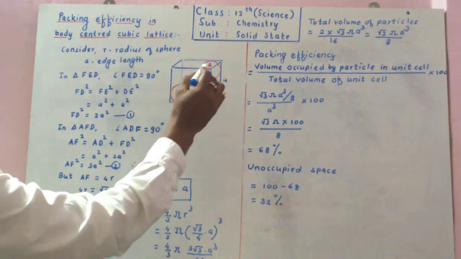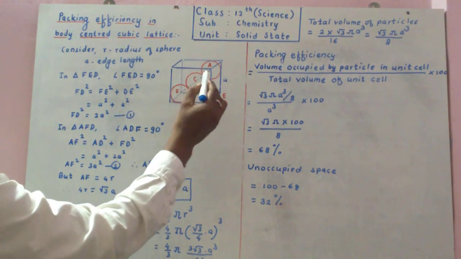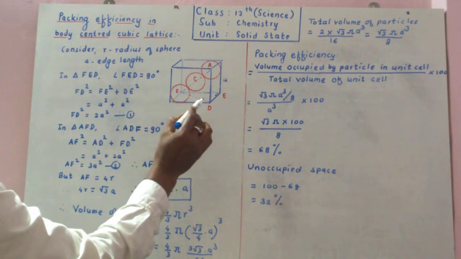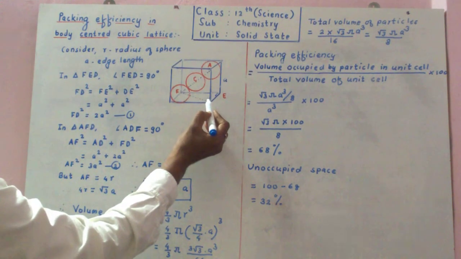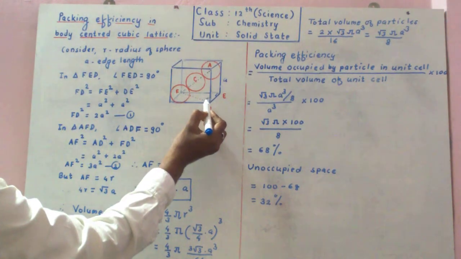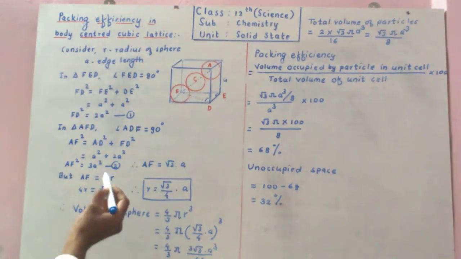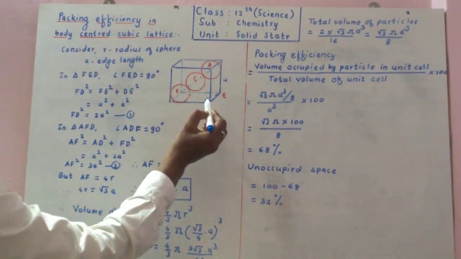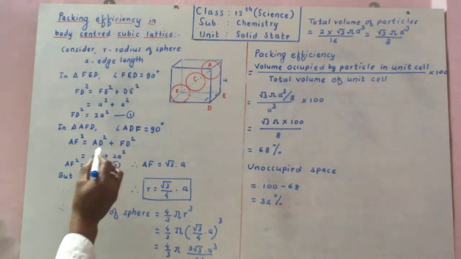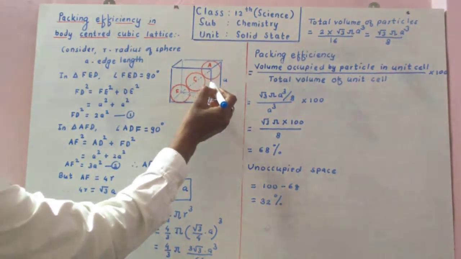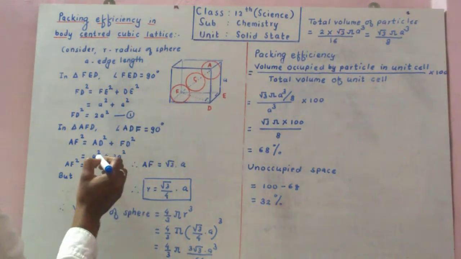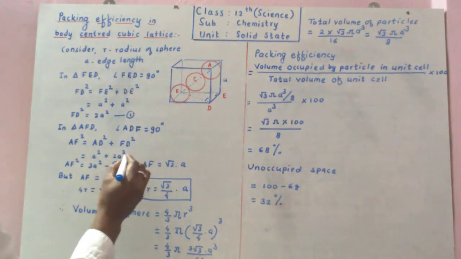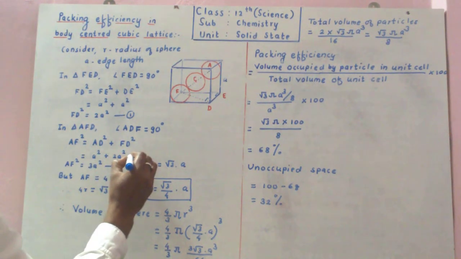Then the second right angle is AFD. Here angle D is of 90 degree. So AF square equals AD square plus FD square. So AD is edge length a square, and FD square we found from equation 1, that is twice a square.